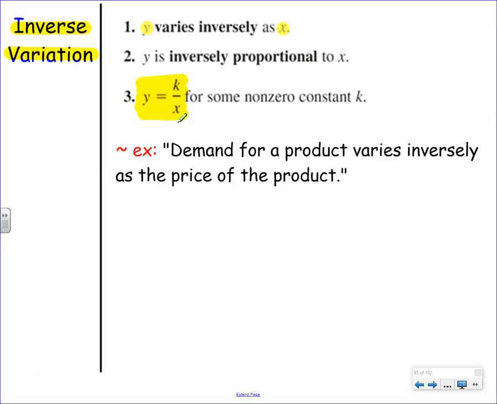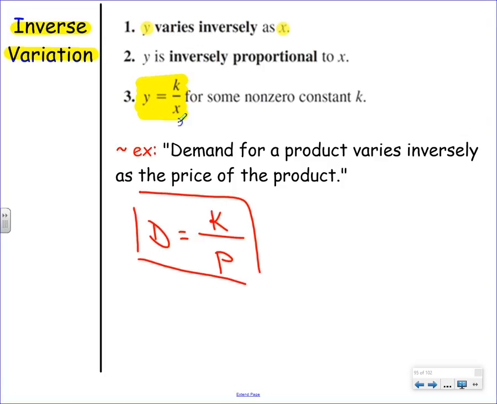Okay, how do you make this an equation then? D? Sure, we'll call demand D. D equals what? Sure, sounds good. You can make up your own variables, but demand varies inversely with price. That wouldn't necessarily be the variables that everyone would use, but this economic principle is an important one.